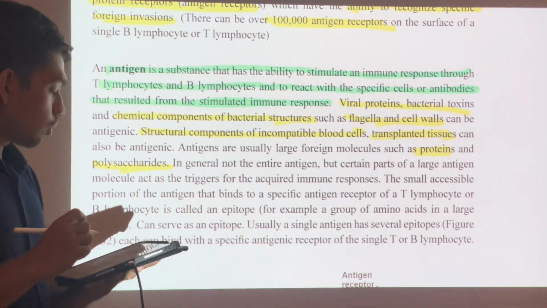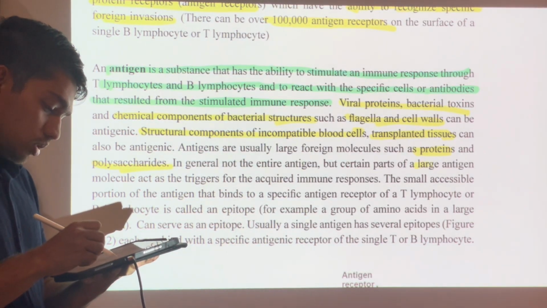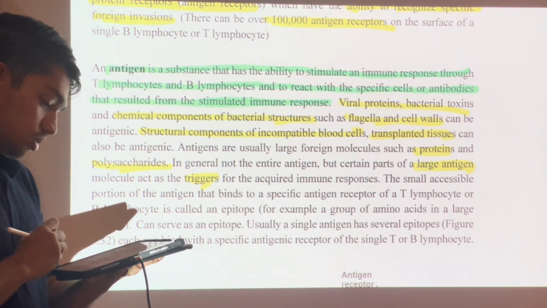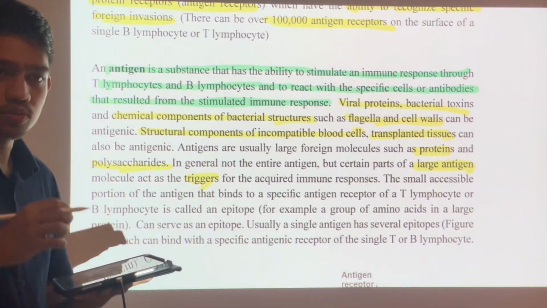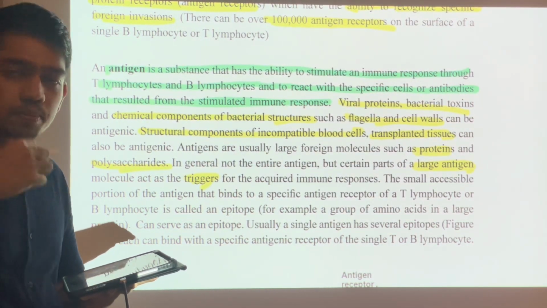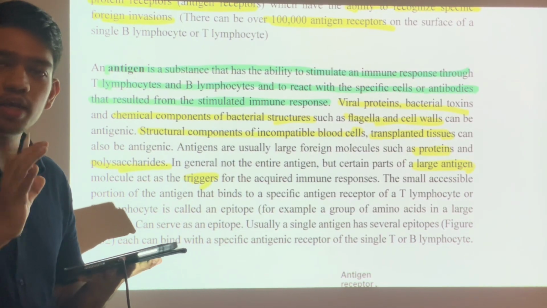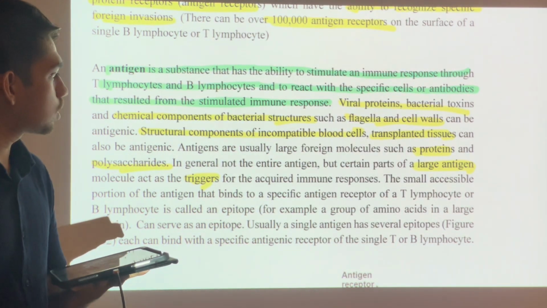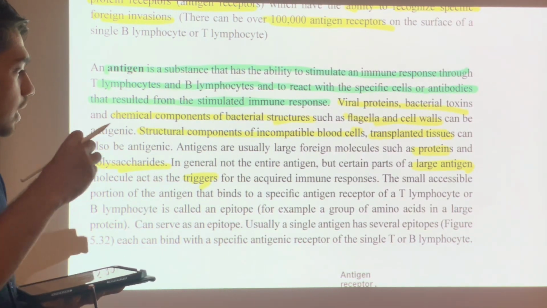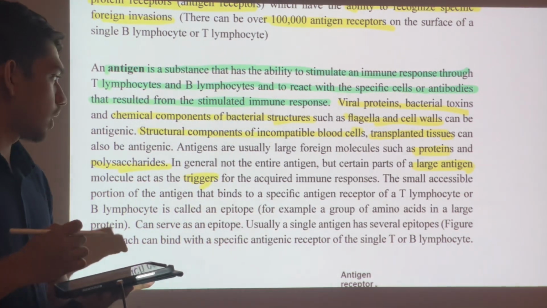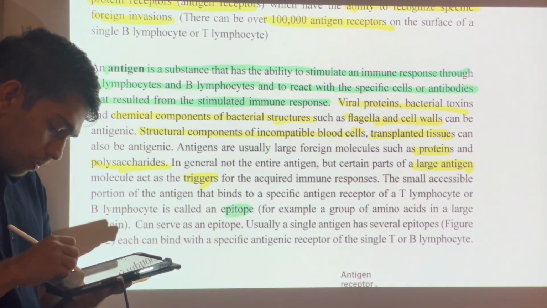So in general, not the entire antigen, but certain parts of a certain antigen act as triggers. This small accessible part is what the antigen receptor actually binds to. It does not bind to the entire antigen, right? The small accessible part that can connect with the receptor is known as the epitope, right?